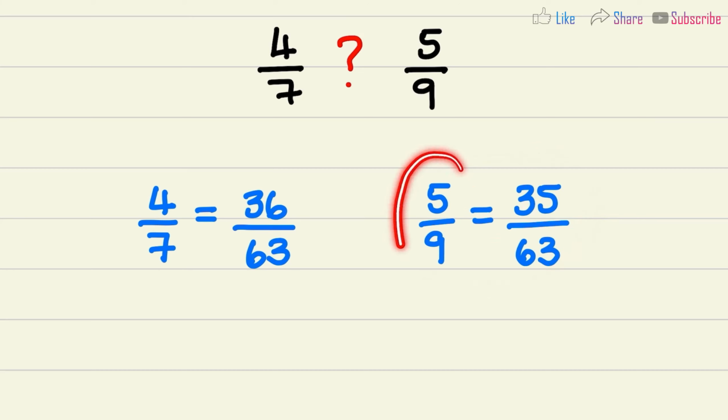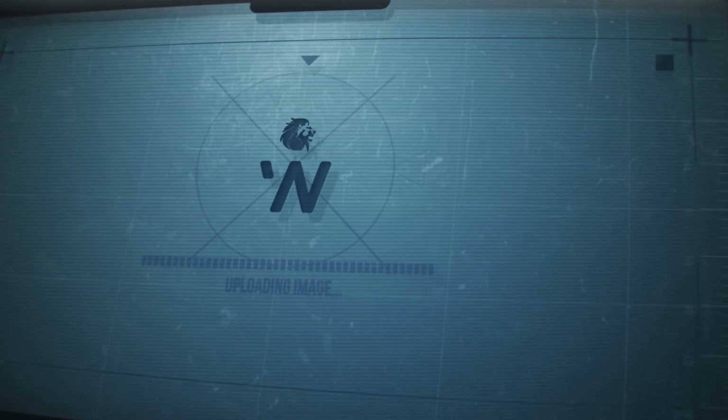That means that 5/9 is equal to 35/63. And if we compare numerators, we can see that 36 is more than 35. Therefore, 4/7 is bigger than 5/9.